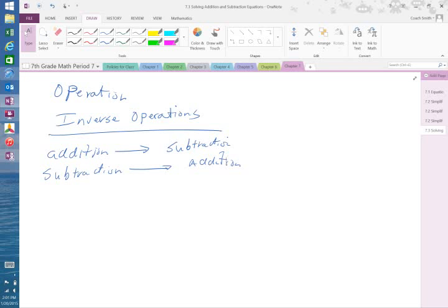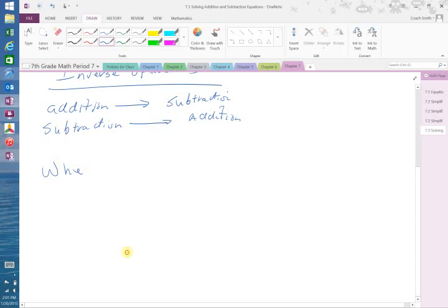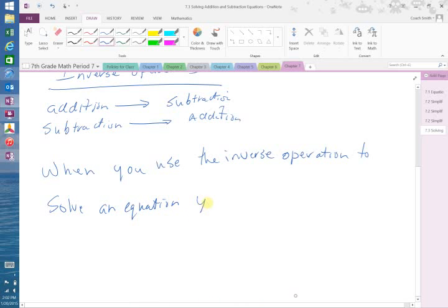Now, when you use the inverse operation to solve an equation, you create an equivalent equation.